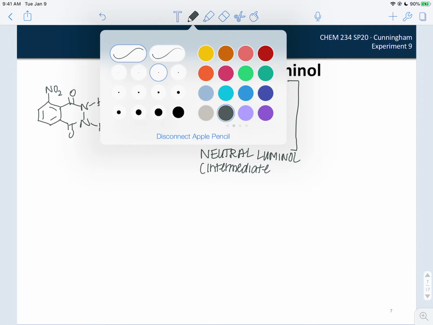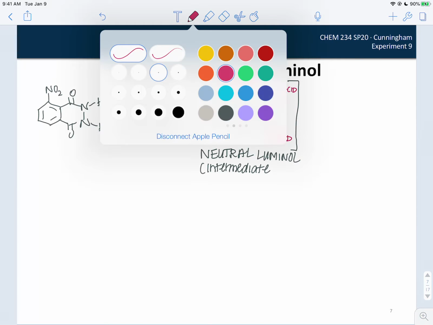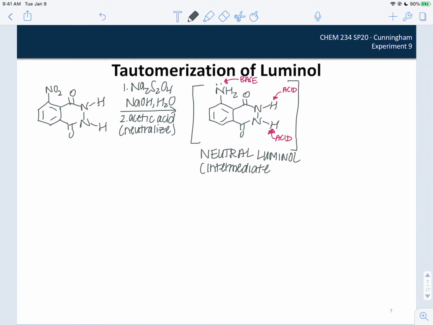But one thing that we might notice if we look at this structure is that we've got a couple of important features that are present. So our aniline can act as a base, and we also have protons at our amide nitrogens that can act as acids. So what ends up happening here is that we see a very fast acid-base reaction.